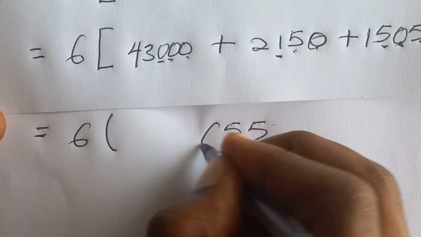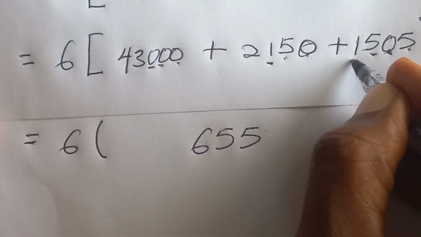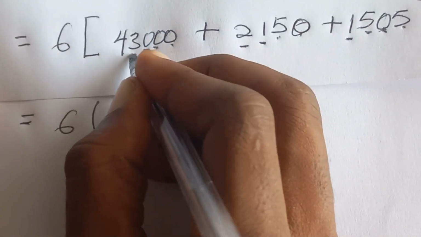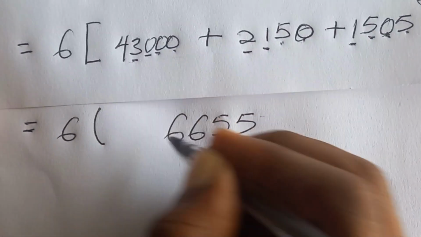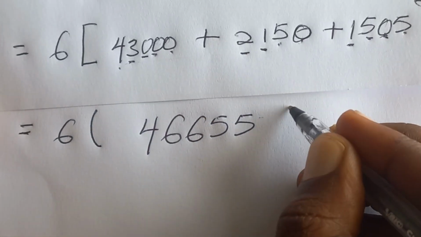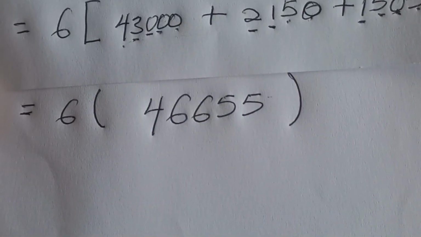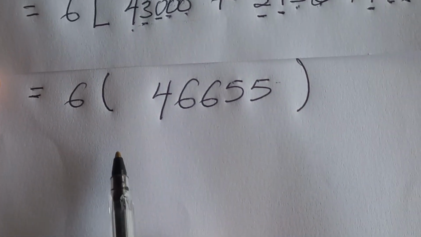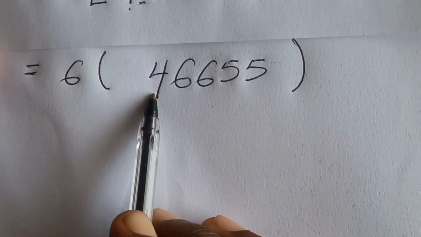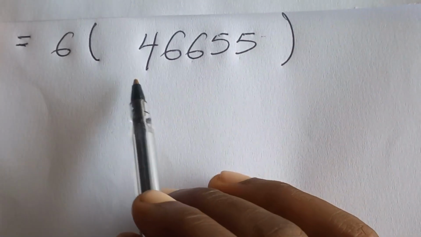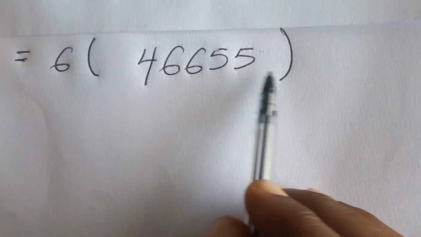So we still get our 6 here. 1 plus 2 is 3, plus 3 is 6. So 6, plus 4 is 6. Okay, so we are having 46655. Okay, 46655.